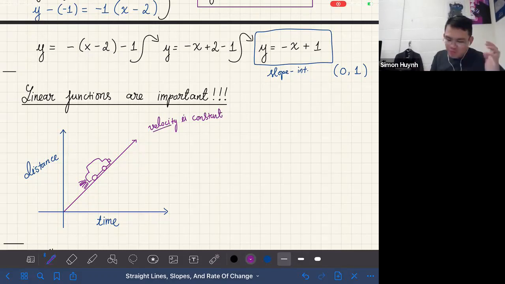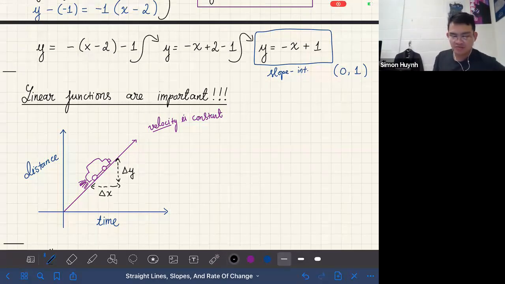And what would you get if you measure the slope of this function? Let's say that I have some change in the horizontal direction, some delta x, and I measure some change in the vertical direction, and I look at the slope, delta y over delta x.